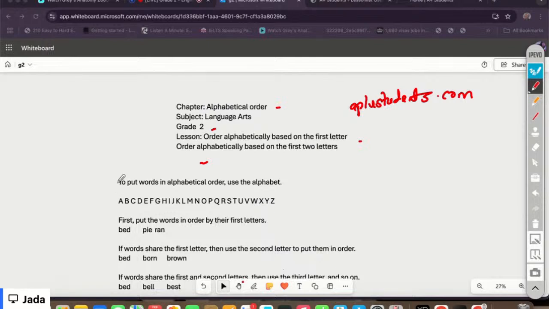The alphabet is always necessary if you want to put words in alphabetical order.